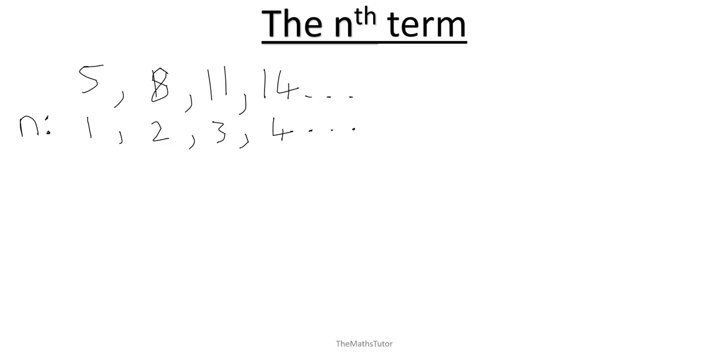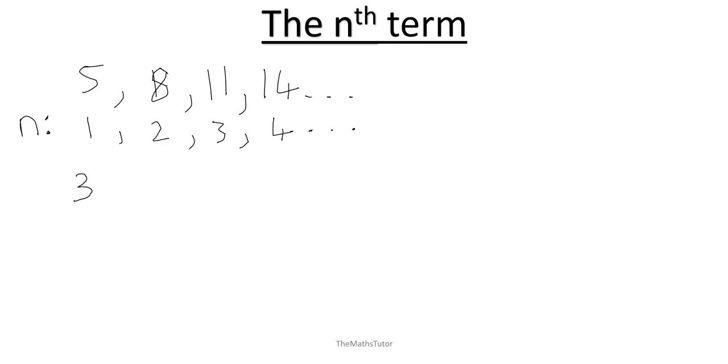First of all, you'd try and establish something called the common difference. To get from 5 to 8, you add 3. To get from 8 to 11, you add 3. To get from 11 to 14, you add 3. So you can immediately see that the common difference is positive 3, plus 3, whichever you like to say.